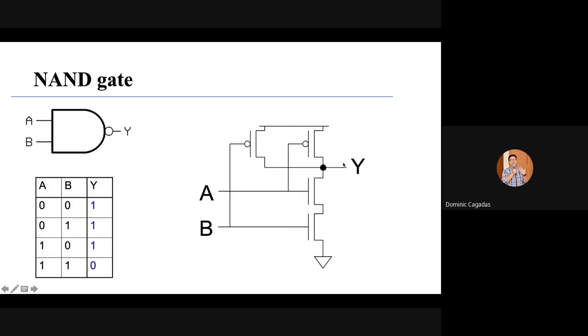Therefore, our output Y is still high, 1. And lastly, high and high: you are going to have off, off, and this on, and this on. And our output is low.